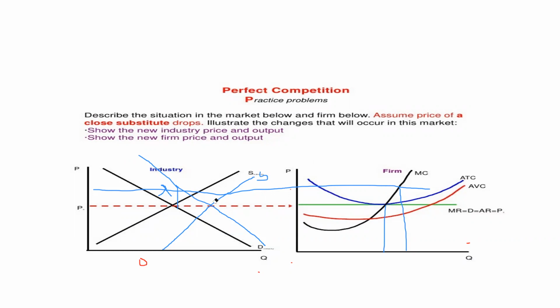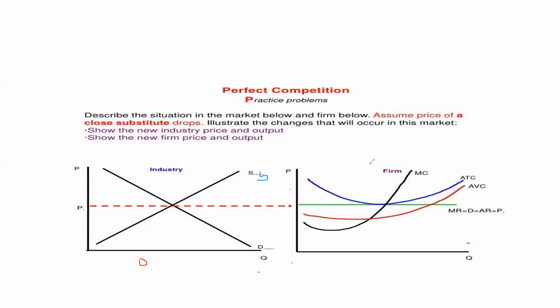Now, here, if they don't say anything, the lump sum subsidies and the per unit subsidies and the per unit taxes all happen on the firm. All right, so I'm going to do subsidies this time since I did taxes.